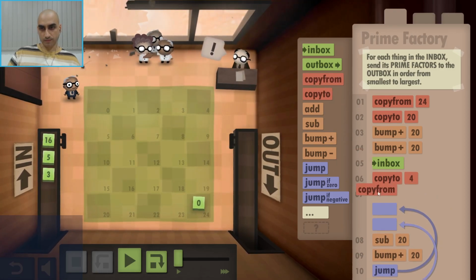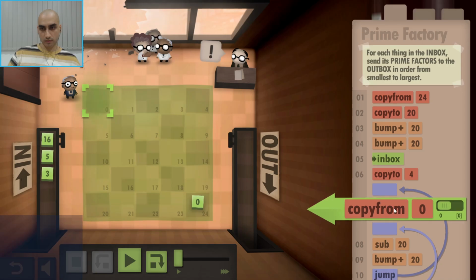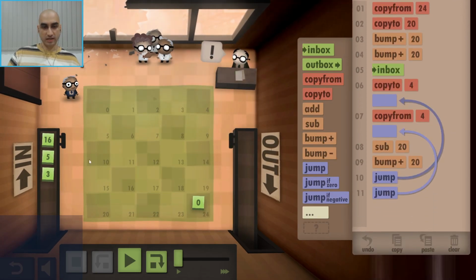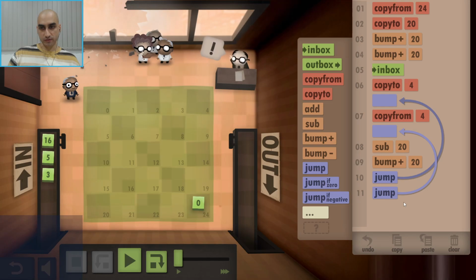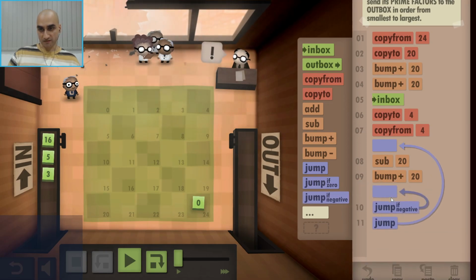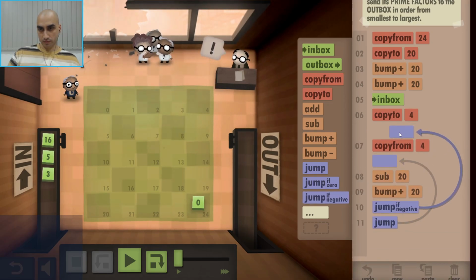So we're going to have to pick up whatever's in 4. All right, and then we just repeat that with the 3, and then the 4, and the 5, and so on. Okay, so far so good. No, that's not a jump. It's negative. We jump there.